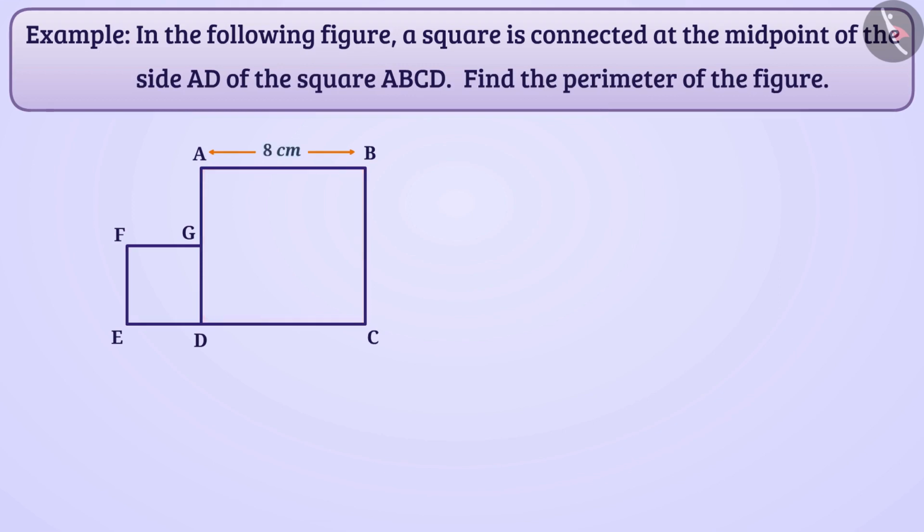According to the question, G is the midpoint of side AD, so the length of the line segment AG and line segment GD will be equal, that is, AG is equal to GD. Looking at the figure, we can say that AD is equal to AG plus GD, that is, AG plus GD is equal to 8 cm.